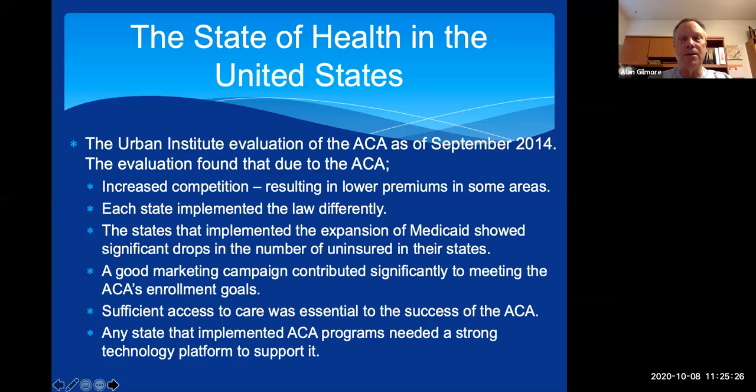So many people were trying to get on. So you have to have a really robust technological platform to be able to manage all of the people who are trying to access the services and sign up for them.